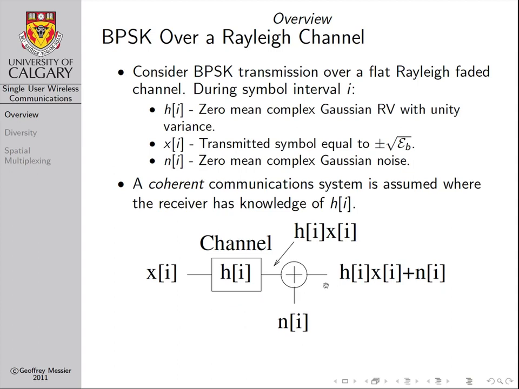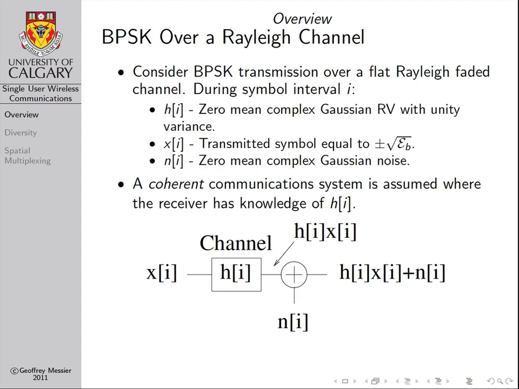Now, because we are representing everything in this derivation as one sample per symbol, and we have implicitly assumed the pulse shape match filtering portion is already built in, and we're not showing it, all we have to do is add the extra term to handle the channel distortion.